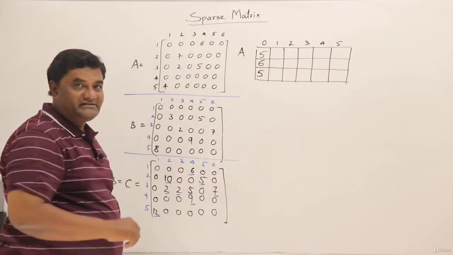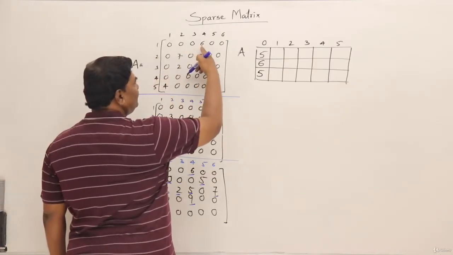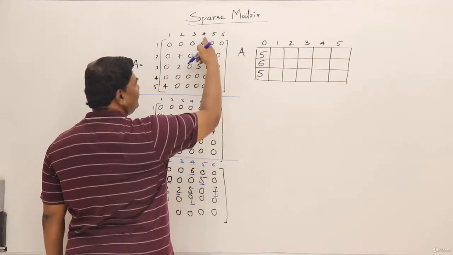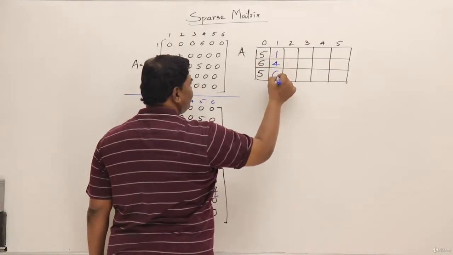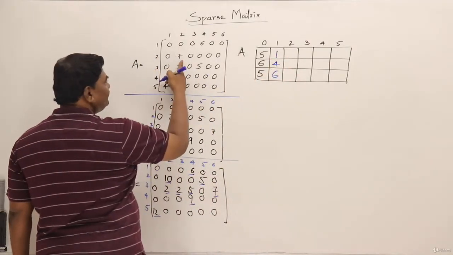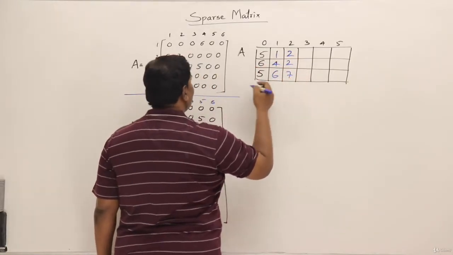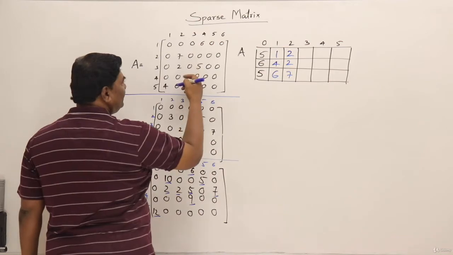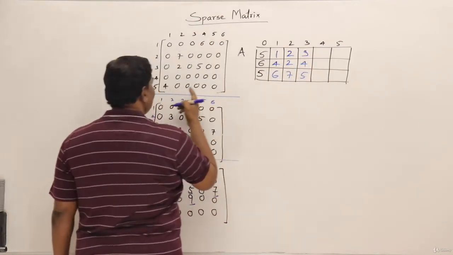Now let me fill this table with the non-zero elements. So first row, there is element 6 at column 4. First row, fourth column, value 6. Second row, second column, 7. Third row, fourth column, 5.